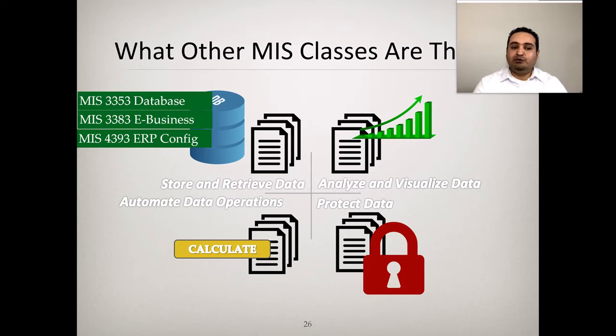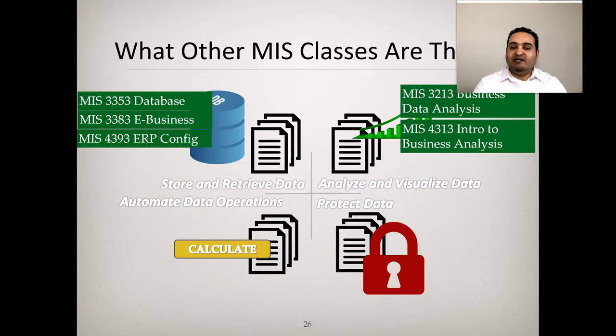If you take those courses and you go for an interview, a lot of companies look for skills in those areas. As for analyzing and visualizing data, we have business data analysis and introduction to business analysis. This prepares you for data science and for business analytics, as we call it nowadays.